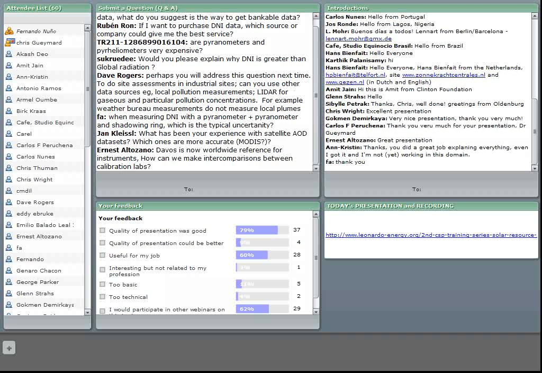I'm not sure what you mean there. Yeah, indeed, Davos is the world reference. That's where all the labs in the world come with their instruments and intercalibrate, if you want, and be sure that they have their own calibration correctly done. Then they go back to their country and they use those secondary reference standards to calibrate all the instruments in their country.